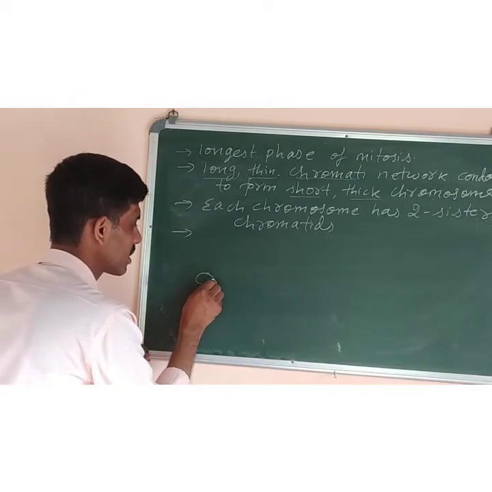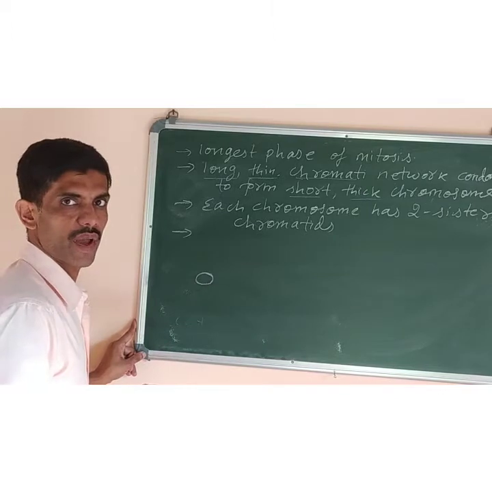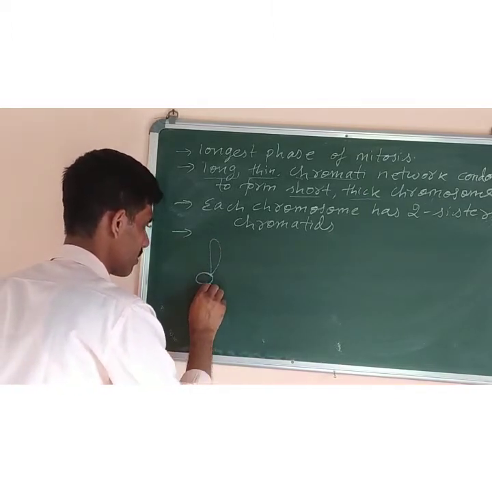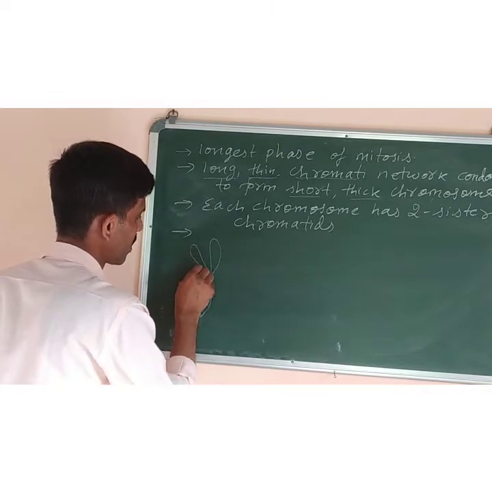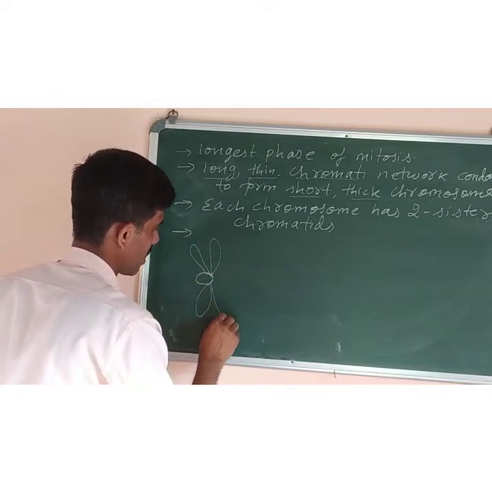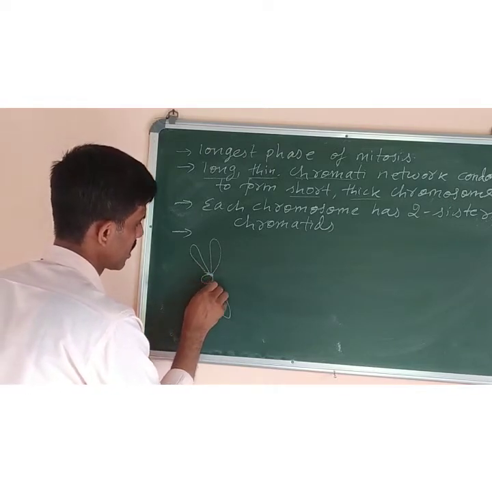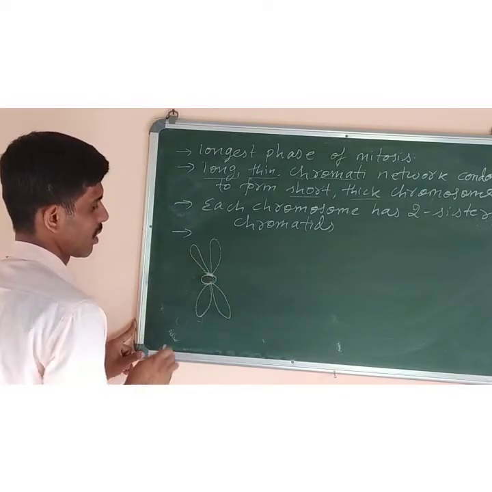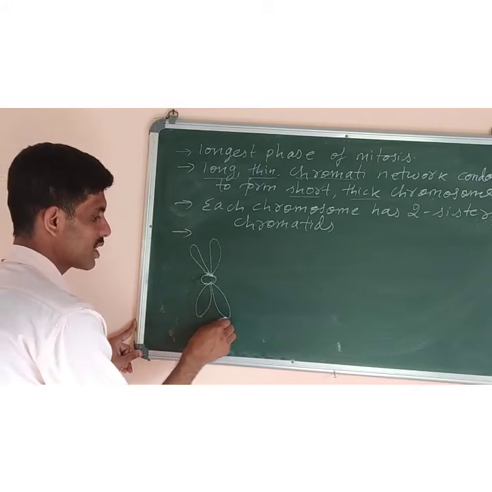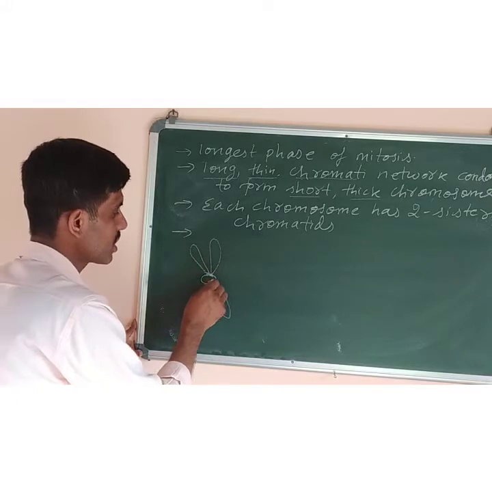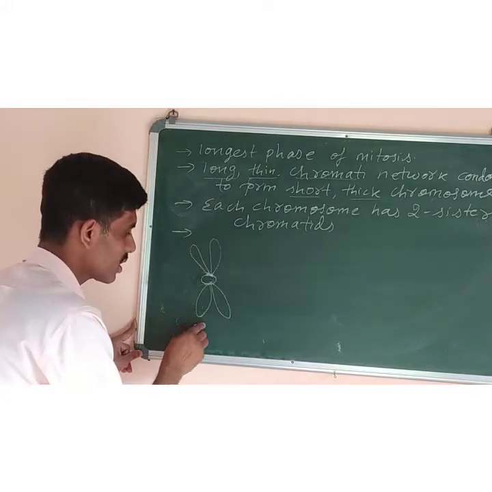This centromere means the place where the two sister chromatids are attached. This one is one, this one is another one. Okay, let's draw it nicely. So these two are called sister chromatids. See, one chromatid, this is another chromatid, two sister chromatids are present. Together it is called one chromosome.